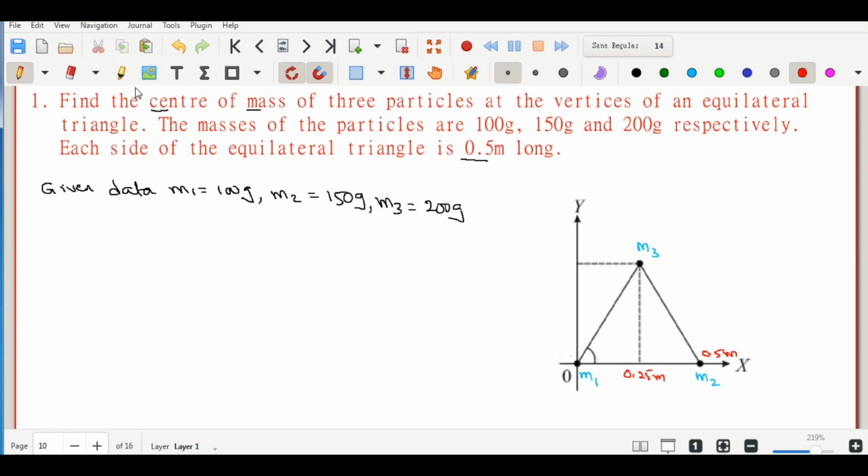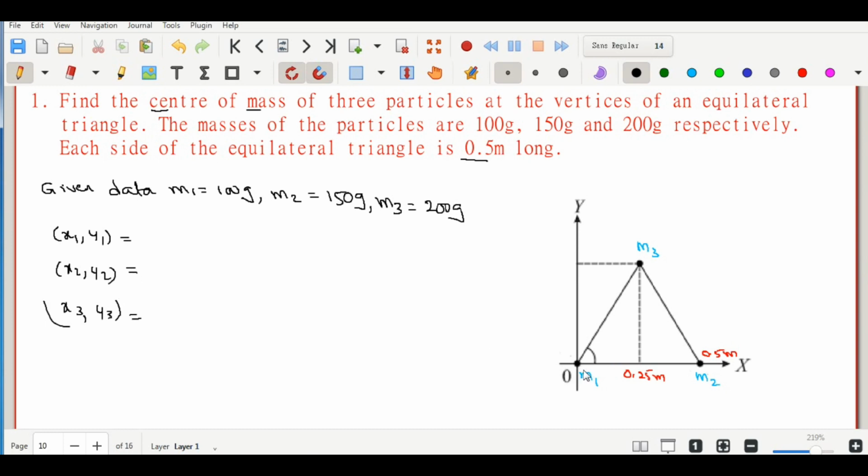Now I have to find the locations of the particles, that is x1, y1 for mass 1, x2, y2, and x3, y3. We have to find the locations of the masses m1, m2, m3 respectively.